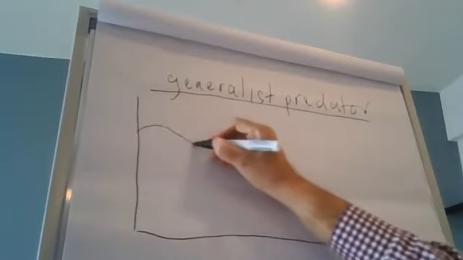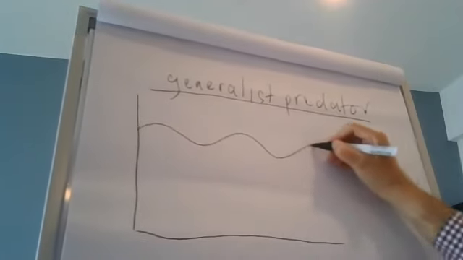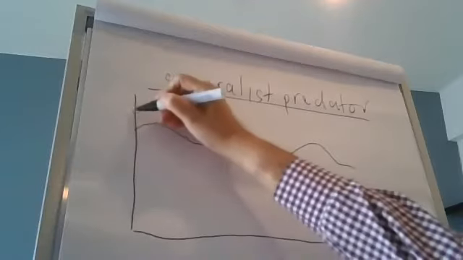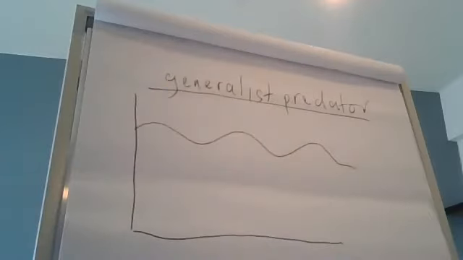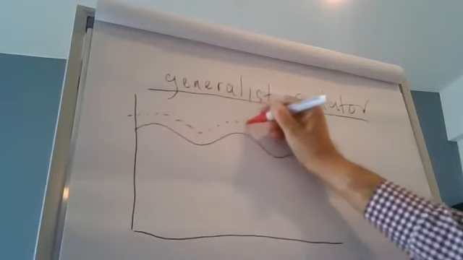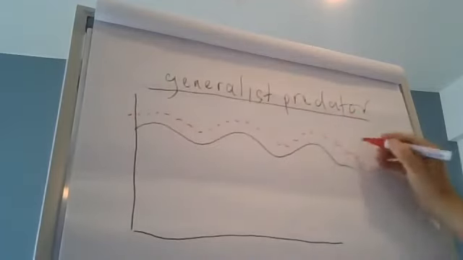So this is a normal situation in a natural habitat. So the predator will follow the population dynamic of the prey.